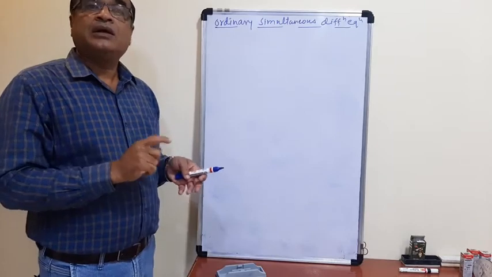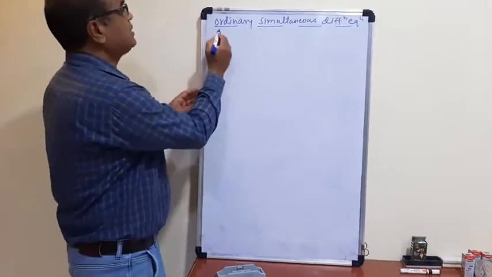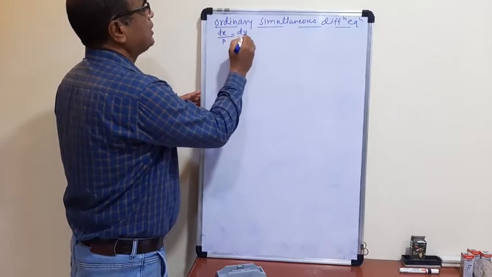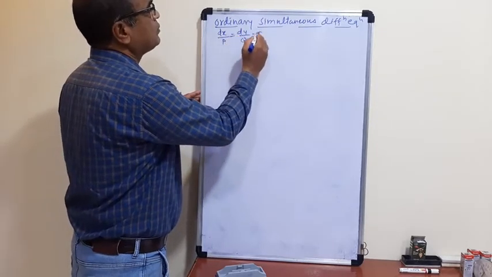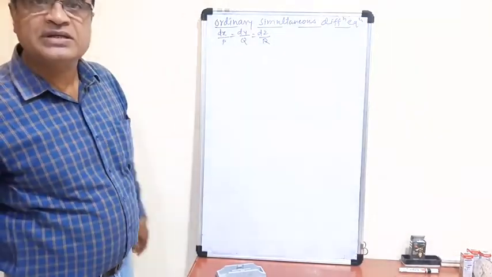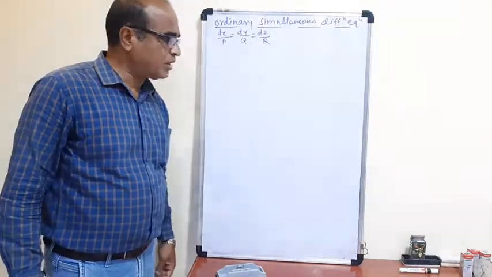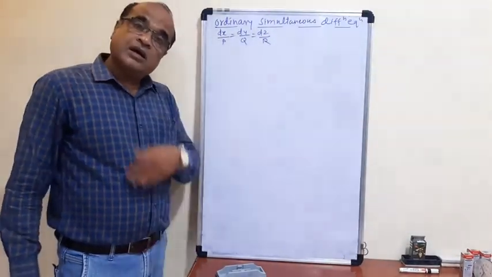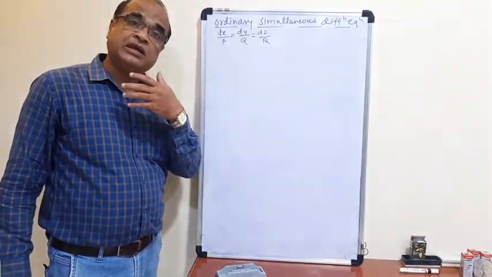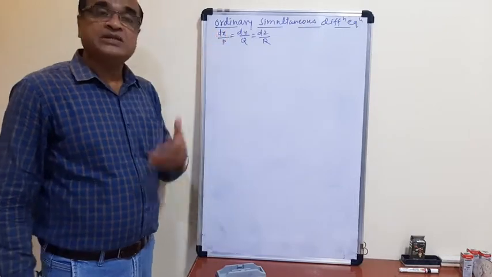Then we get dx/p = dy/q = dz/r. This is called a simultaneous differential equation, and we discussed how to solve it.